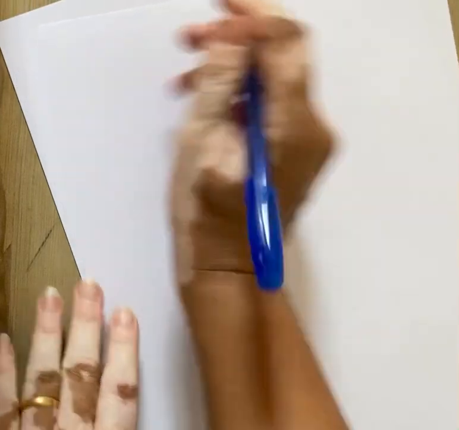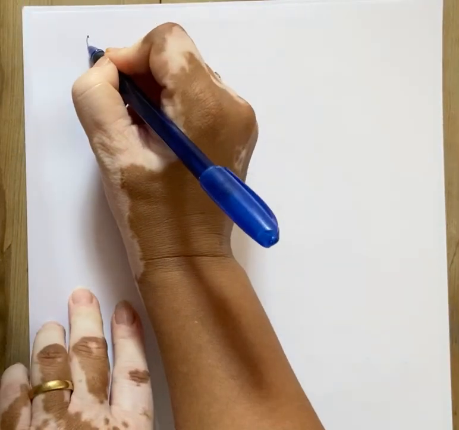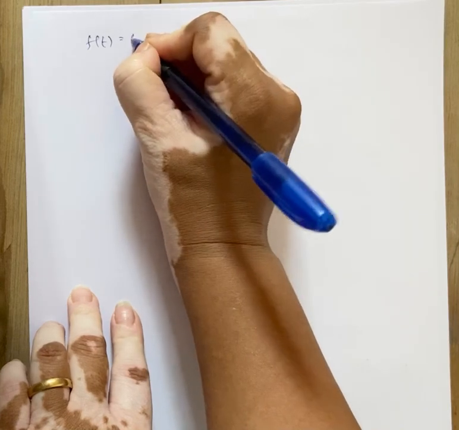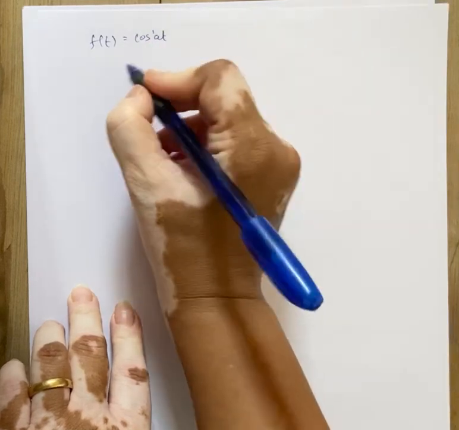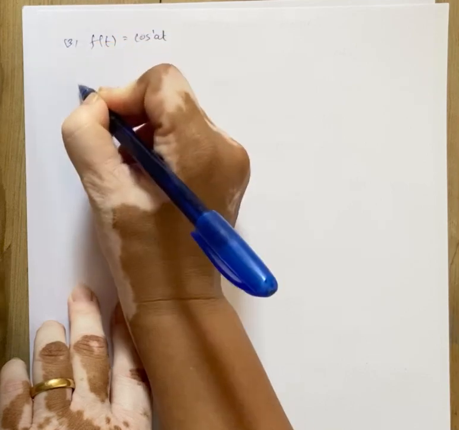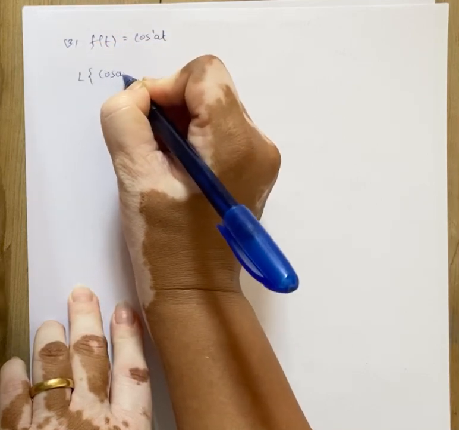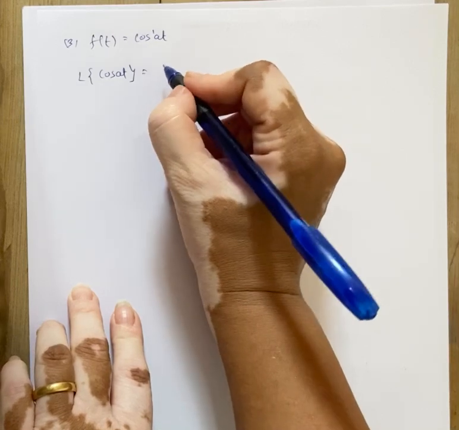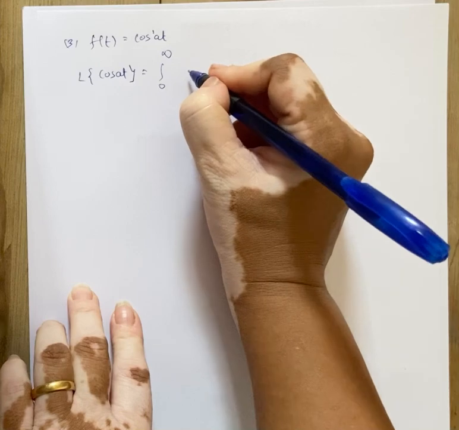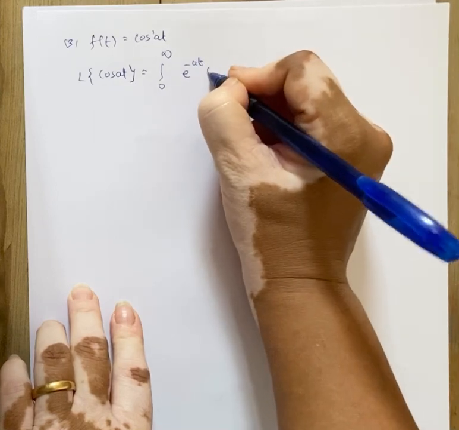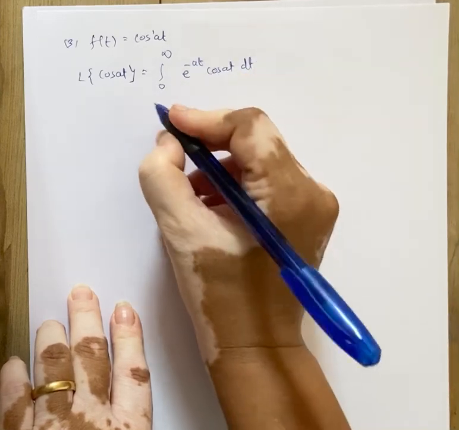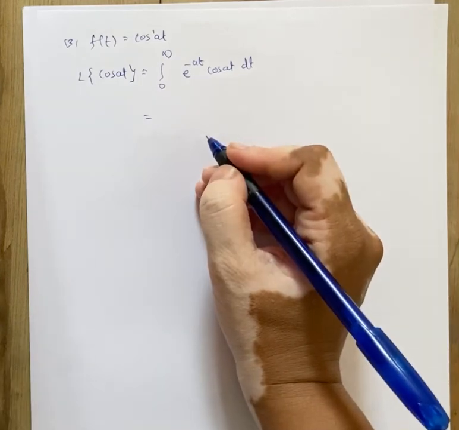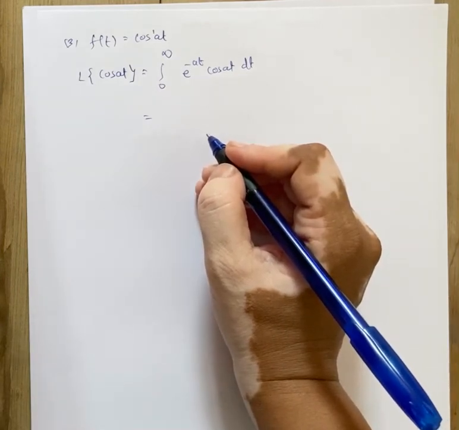If there is a trigonometric function, take f(t) equal to cos at. This is the third one. So L of cos at is equal to the integration from 0 to infinity of e raised to minus st cos at dt.